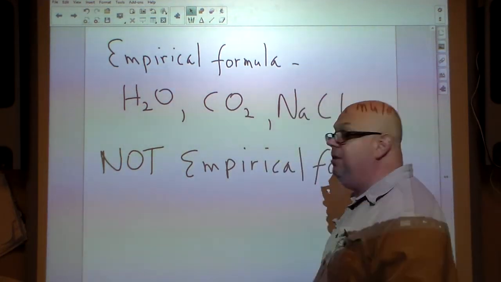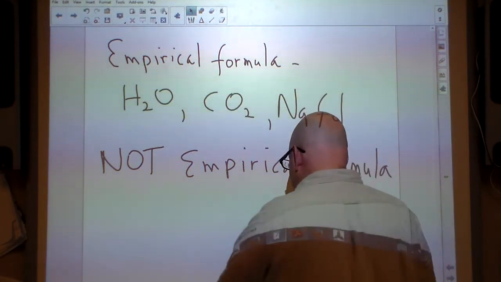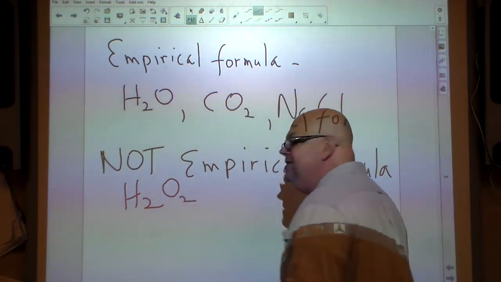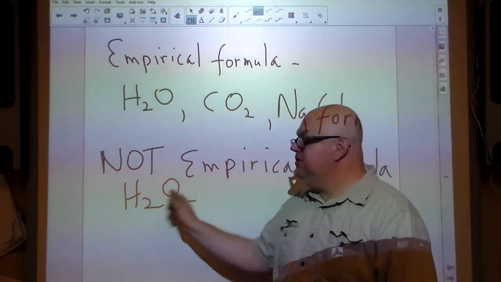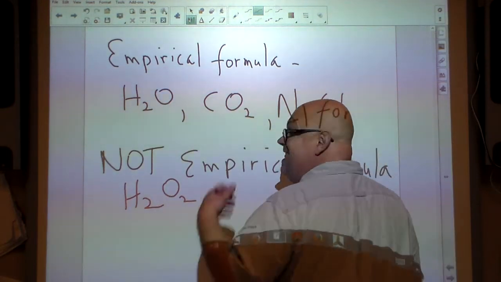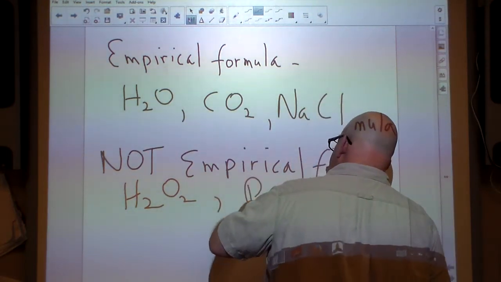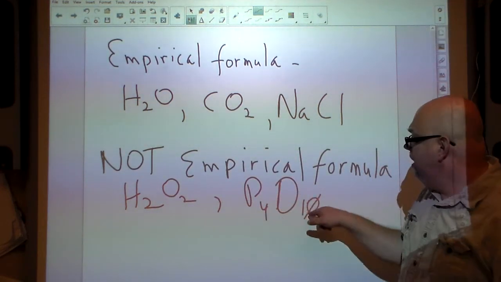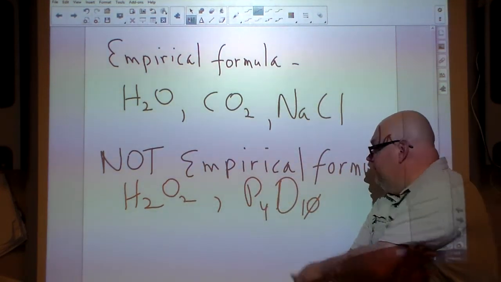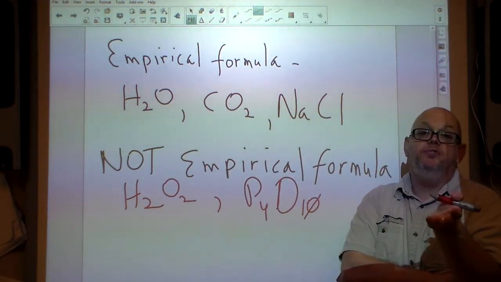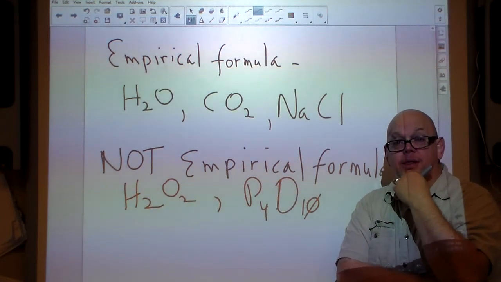Now, what would be an example of not empirical formulas? Well, for example, H2O2. That is not an empirical formula because these two can actually be divided out. Another example of a not empirical formula is P4O10, because we can reduce this down by dividing both of them by 2 to get P2O5, which would be an empirical formula.